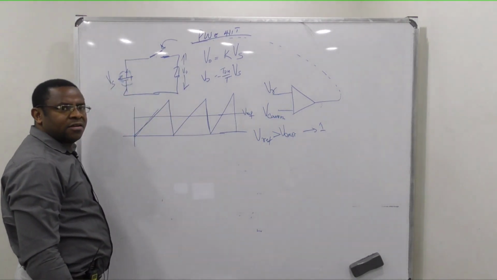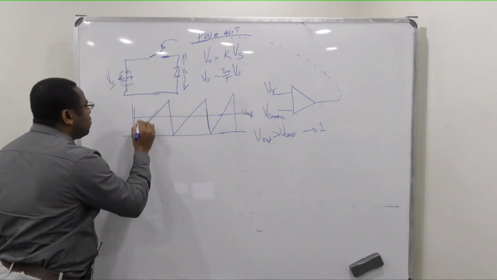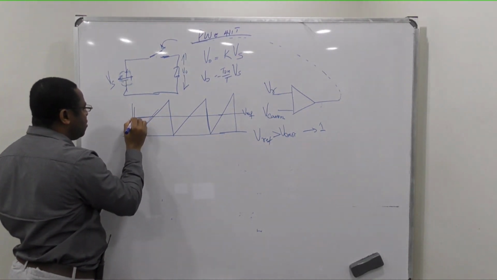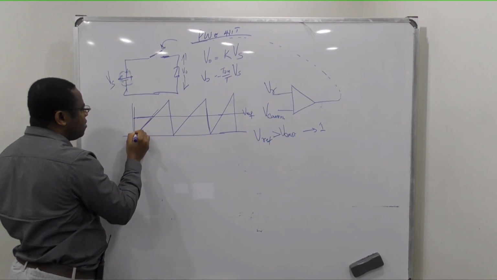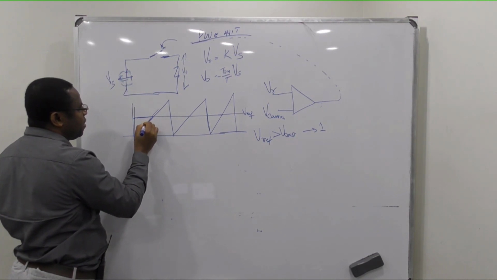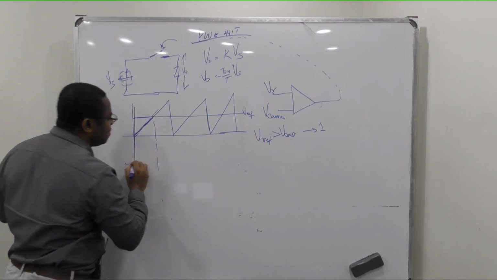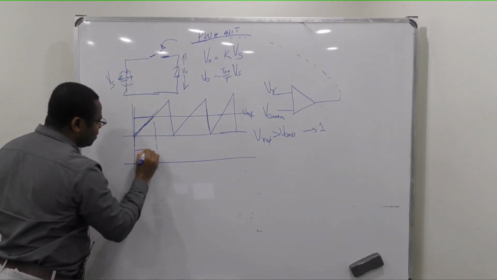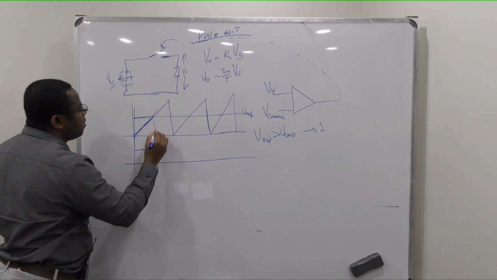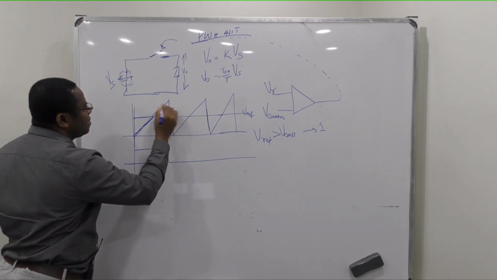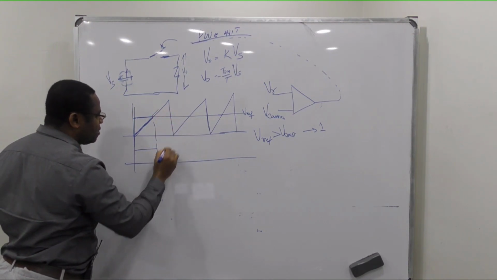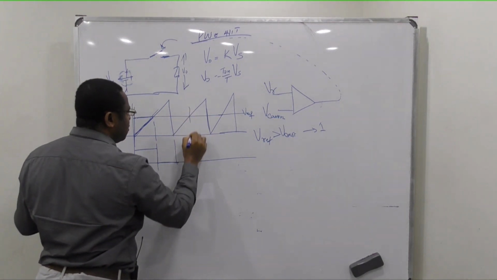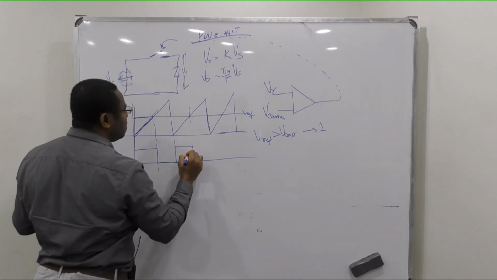If you check here, the whole of this from here to here is higher than this part of the carrier, so between this point and that point, you get 1. But here the carrier is greater than the reference, so you get 0.